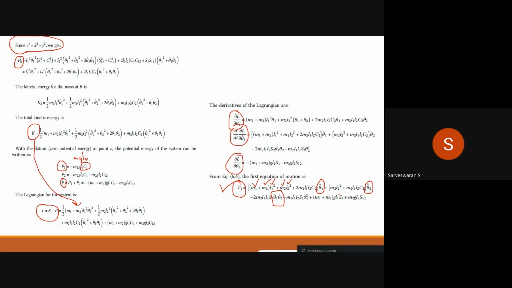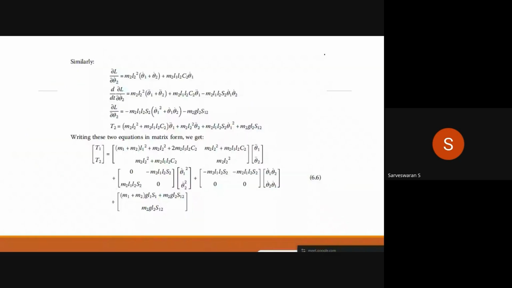And the gravity terms, also the gravity terms. So these are all the things that have to be considered for T1. Similarly, solving the same thing we will get T2. So finally we derived this relation for T1 and T2, where T1 is the torque needed, or the torque generated, for this two link robot with the concentrated mass at the end.